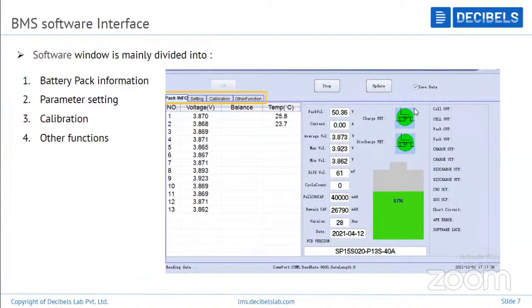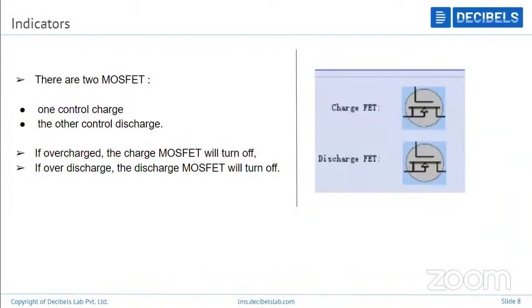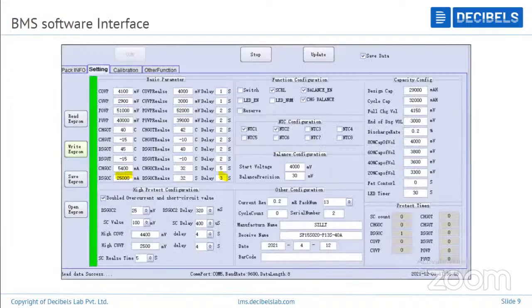So we have two different indicators for charge related and discharge related. And here you have a complete warning window, I would say. If anything goes above the limits, all the warnings will be here. So this was the MOSFETs I was talking about. One will control the charge part and another will control the discharge part, right?